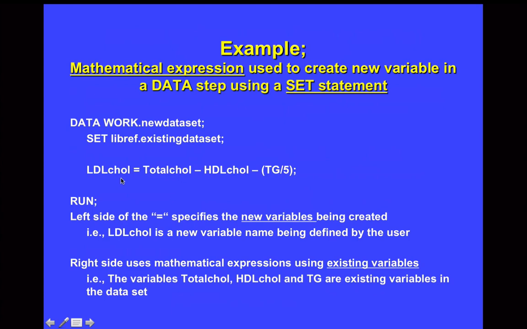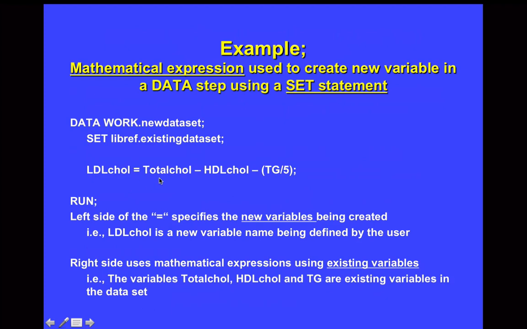And that is being created simply by typing in the name of the new variable we wanted here. So I actually had to come up with the name and type that out. Then we specify an equal sign. And here we have an expression that's giving SAS information about how to populate this variable with the information we want it to have.